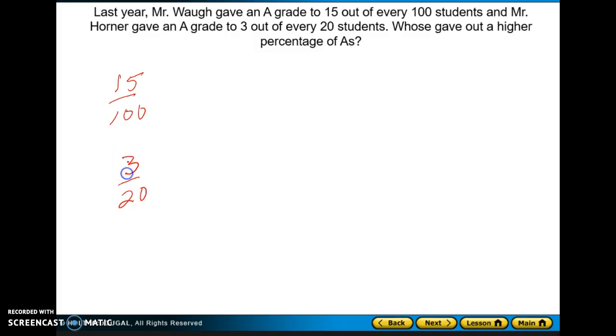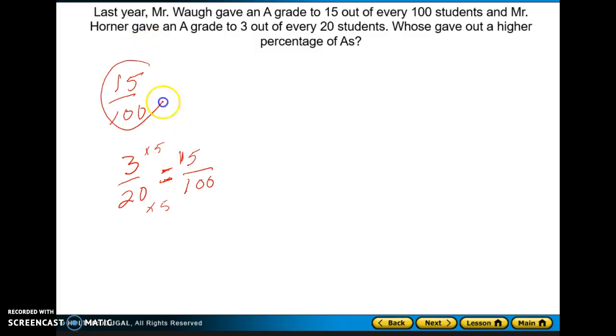Okay? I could change it to a decimal like we did last time. I could divide, or what might be easier is just to change this to an equivalent fraction. I could just change this to an equivalent fraction, make this 100 at the bottom, and I know I did 20 times 5 to get to 100. 3 times 5 is 15.